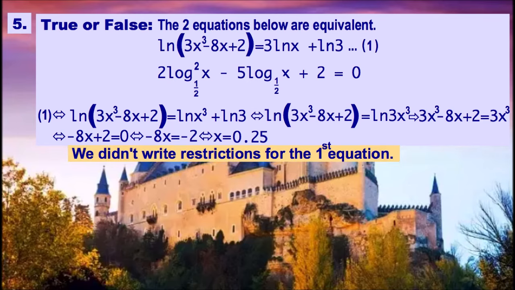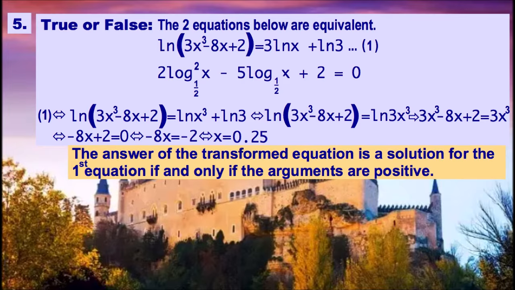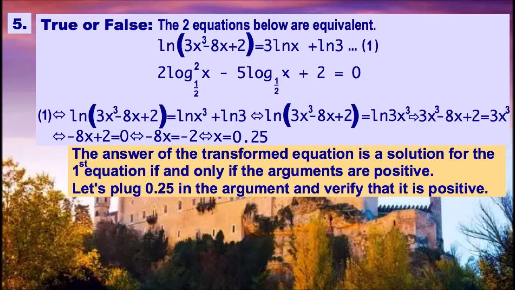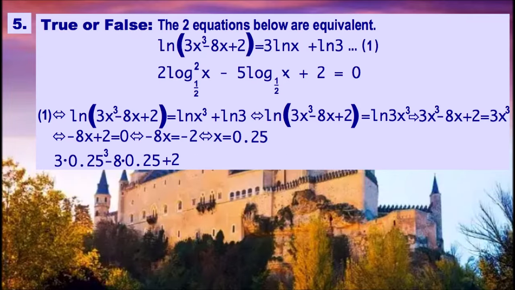We didn't write restrictions for the first equation. The answer of the transformed equation is a solution for the first equation if and only if the arguments are positive. Let's plug 0.25 in the argument and verify that it is positive.